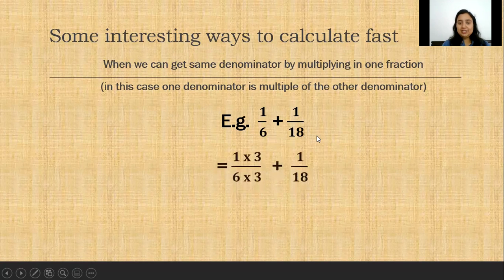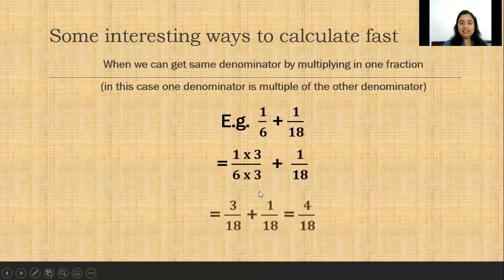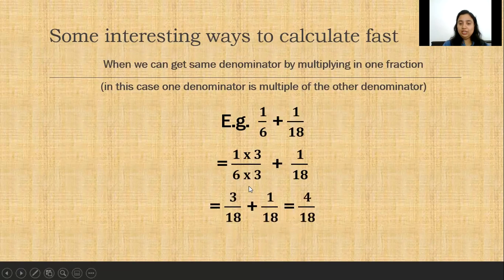So just quickly solve it. Write 1 by 6 here. If you multiply 6 by 3, then you can easily get 18. Then our first step, that is to equalize the denominator, will be complete, right? And you have to give the 3 in the numerator too. So let's see the next step. 3 ones are 3, 6 threes are 18.